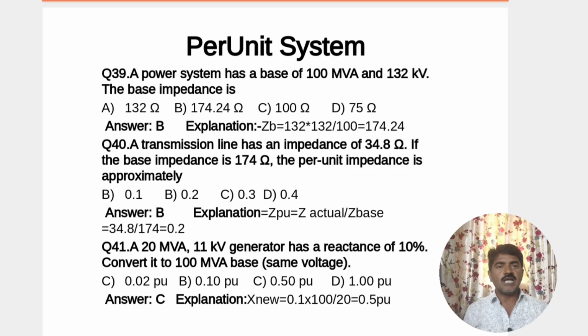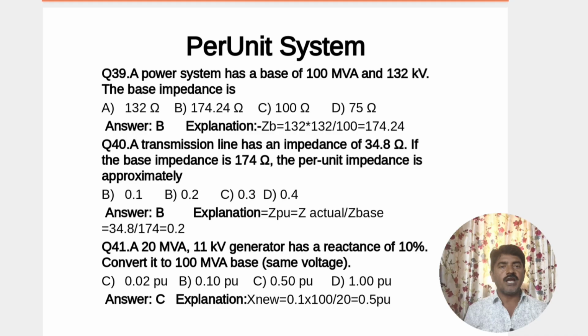Question number 40. A transmission line has an impedance of 34.8 ohms. If the base impedance is 174 ohms, the per unit impedance is approximately. So all of you know that per unit value is equal to actual value by base value. Substituting above equation, you will get 0.2 is the answer. Here B is the answer. 41.